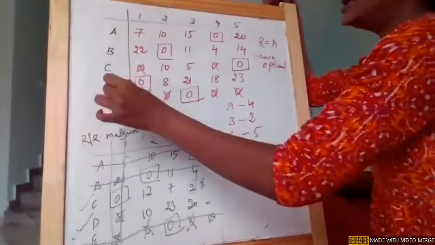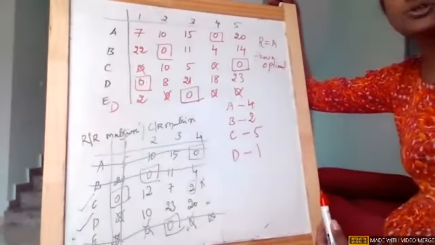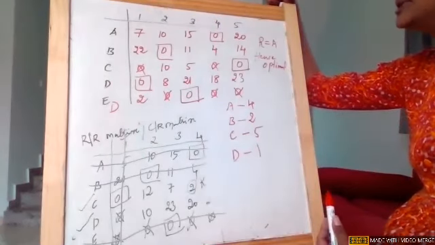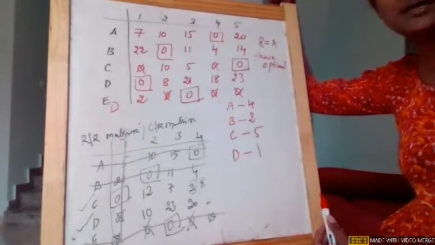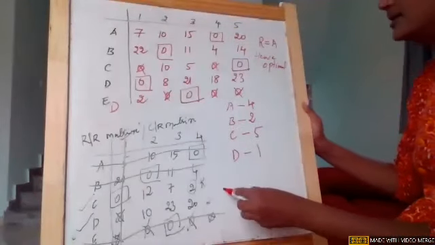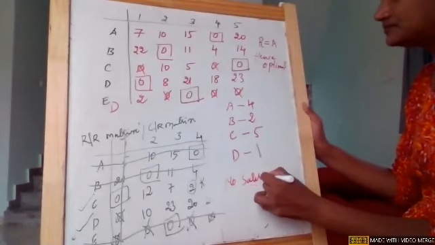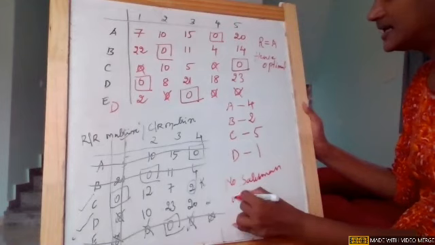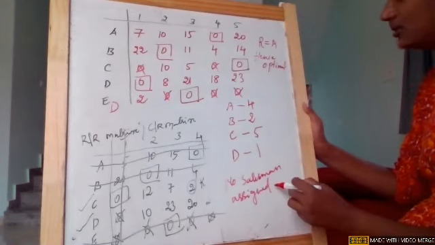Now E is a dummy row, so I can't say E is assigned to 3. There is no information given in the cost matrix, so that means there is no salesman assigned to territory 3. You can write that way, no salesman assigned to territory 3 because E is a dummy row.